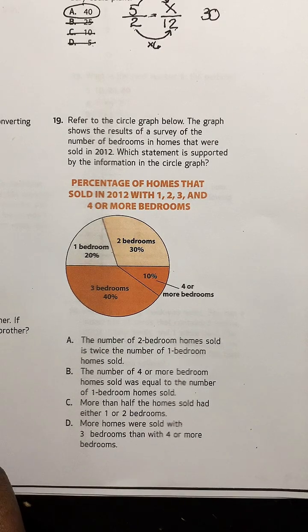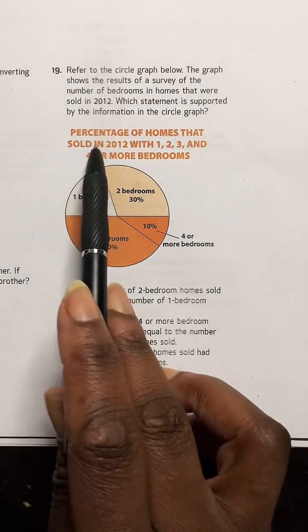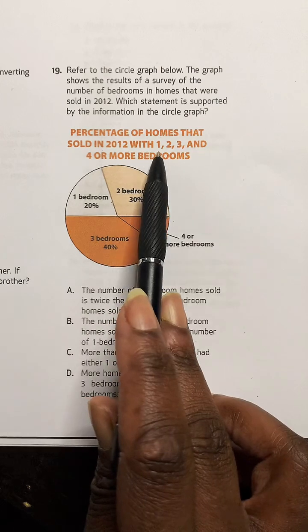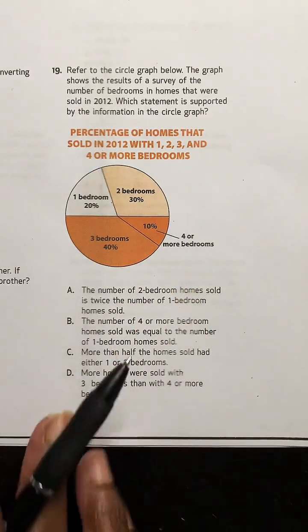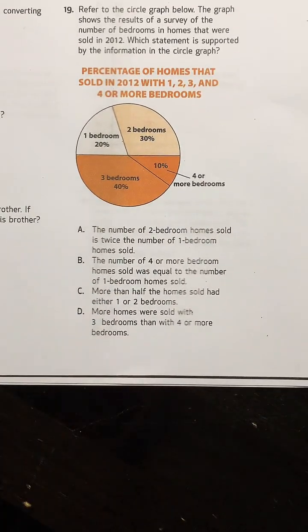Which statement is supported by the information in the circle graph? Let me raise this up because this is what we're dealing with: percentage of homes that sold in 2012 with 1, 2, 3, and 4 or more bedrooms.